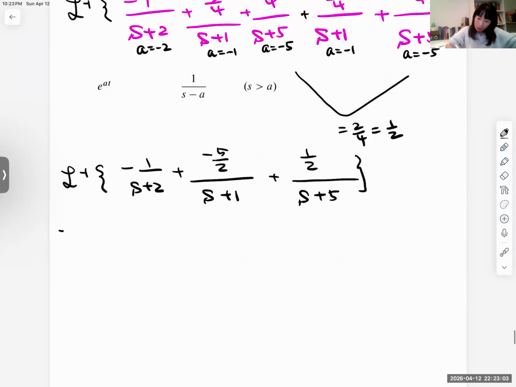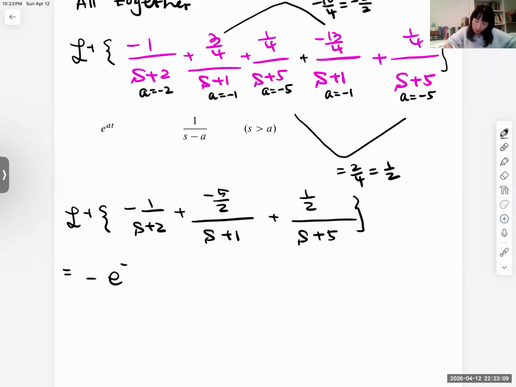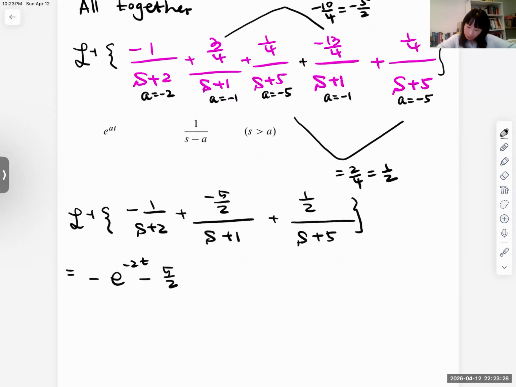Okay, now that will be negative e to the -2t, and there will be -5/2 e to the -1t, and positive 1/2 e to the -5t. Yeah.